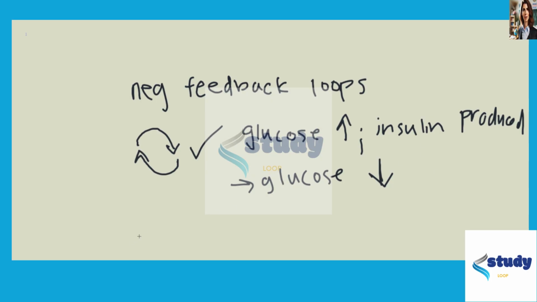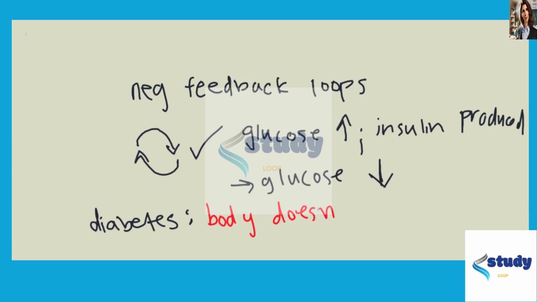But this can fail, and when it does fail, that's when we see certain conditions such as diabetes. In diabetes, the problem is the feedback loop can't keep going because the body doesn't produce the amount of insulin that is necessary.